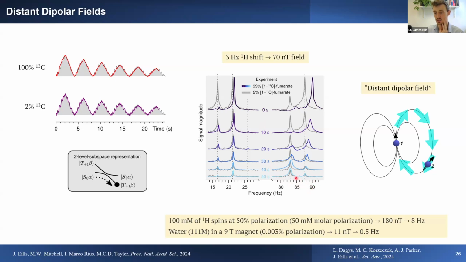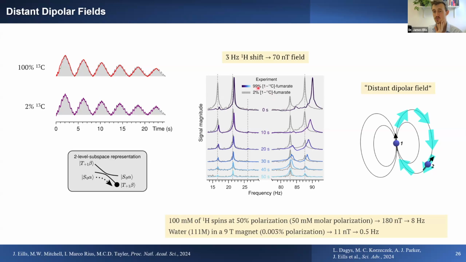We have a doublet, two peaks in the spectrum. At 2 microtesla, the protons are precessing at around 85 hertz. If we're working at natural abundance, so we just have 2% carbon labeling in the fumarate, we basically see our lines at the expected resonance frequencies, and they stay at fixed frequency.